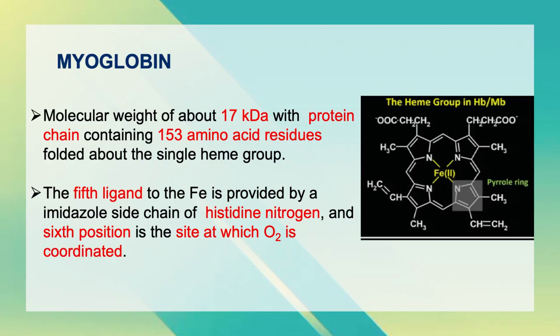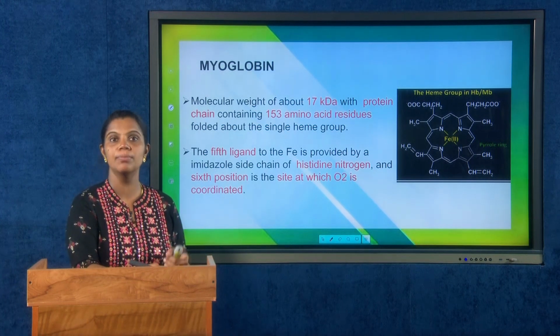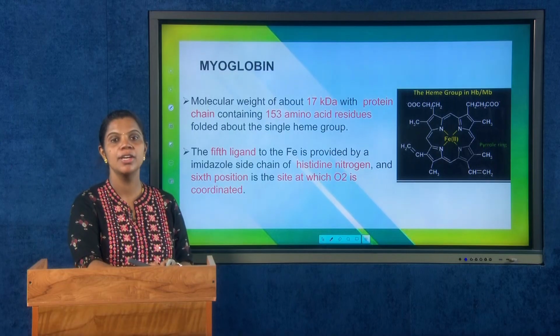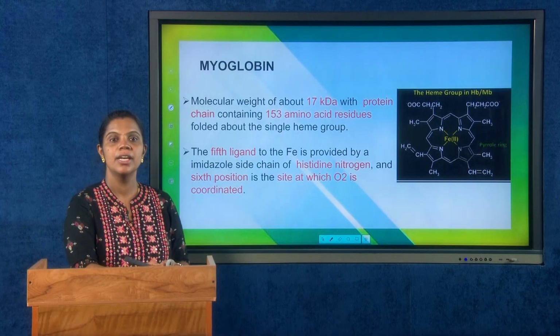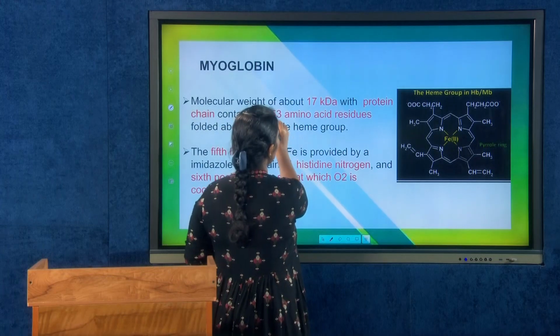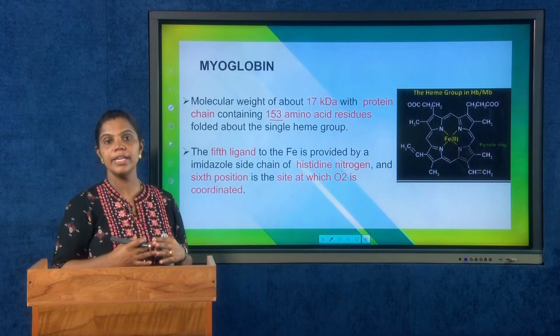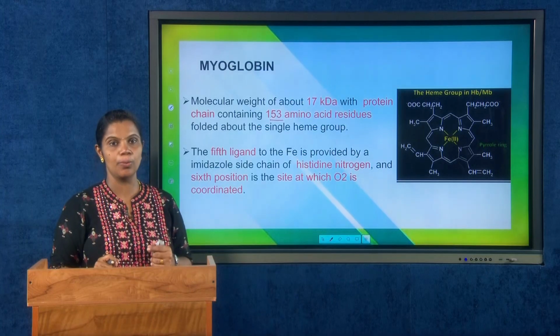Now, let us see the structure of myoglobin. It is a monomeric protein. It has a molecular weight of 17 kilodaltons. The protein chain of myoglobin contains about 153 amino acid residues and it is folded about a single heme group.